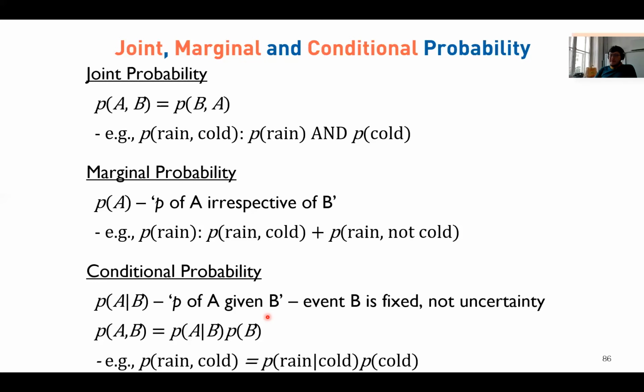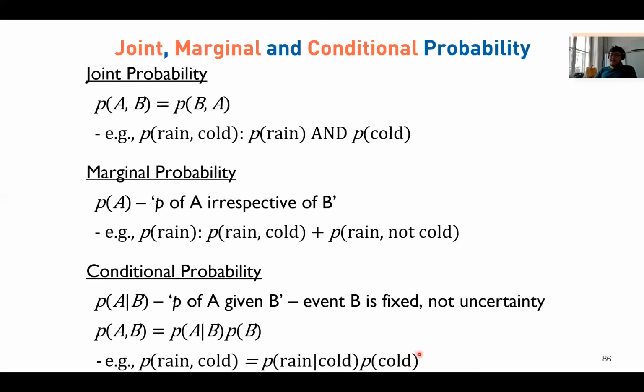It's still a little bit abstract, and maybe it gets better when we look at the example down here. Again, the same example, rain and cold. The probability of raining and being cold, these two events, is the joint probability, and it equals the multiplication of this conditional probability and this marginal probability.